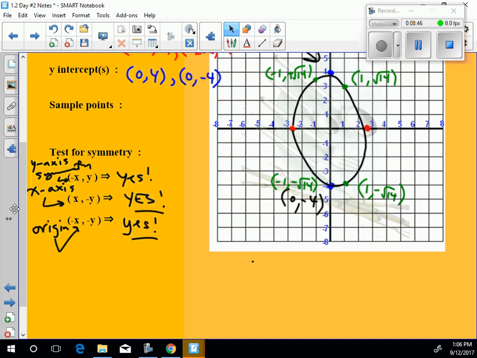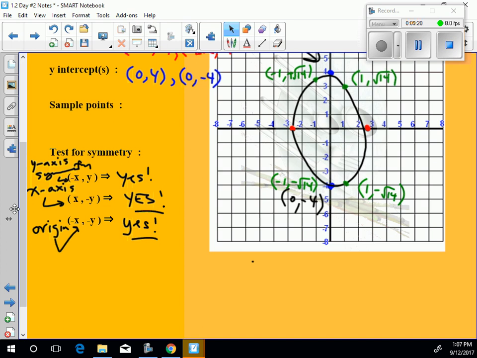Whoa, hold on. Did anybody just have a moment? If it has y-axis symmetry and it has x-axis symmetry, then it has to have origin symmetry. If it has x and it has y, then it has to have origin.